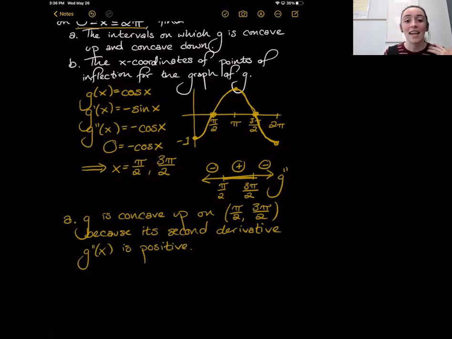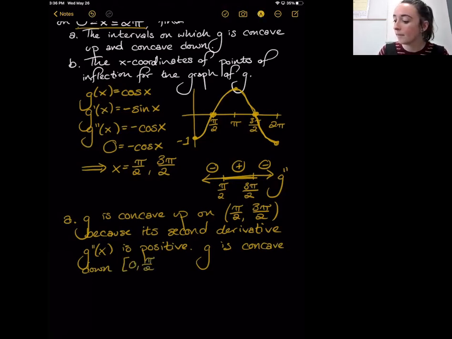Similarly, g is concave down when its second derivative is negative. So g is concave down on these two intervals that we marked negative, from 0 to pi over 2 and from 3 pi over 2 to 2 pi.